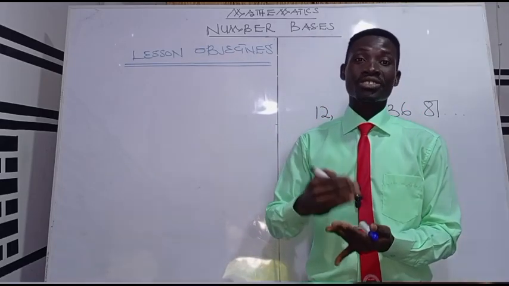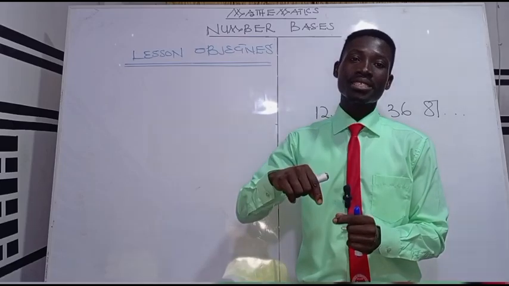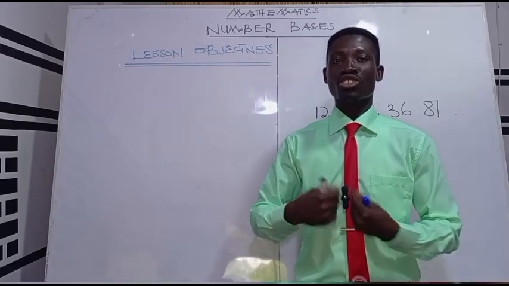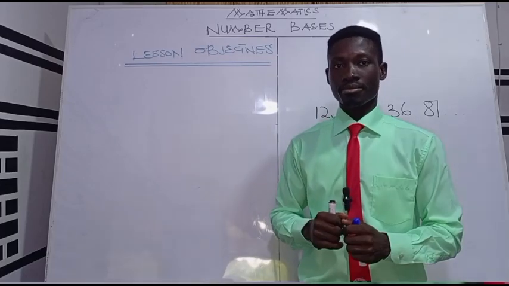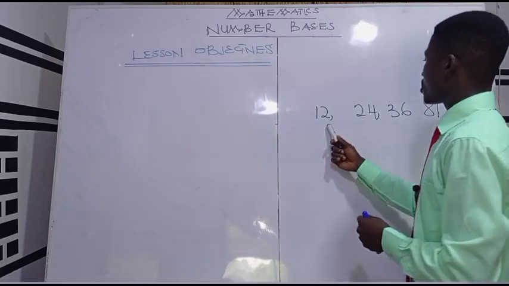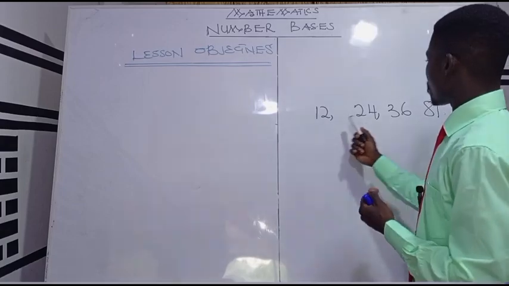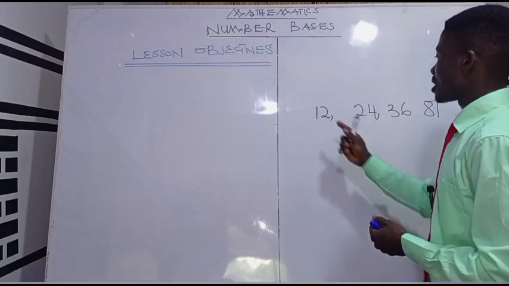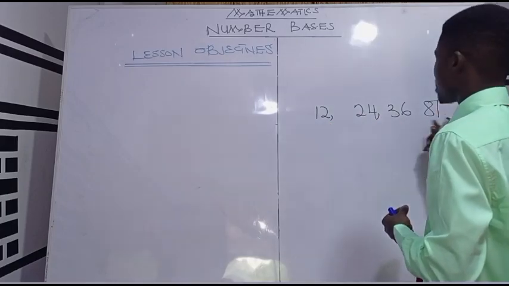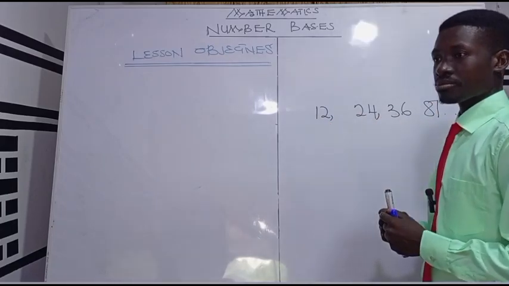Now, when a number is written without the base assigned to it, we assume that that number is written in base 10. So when you look at this example, you realize that there are no bases attached to these numbers. So we assume that these numbers are written in base 10.